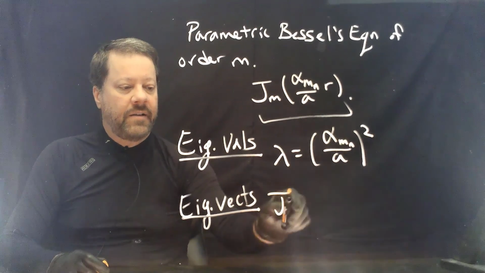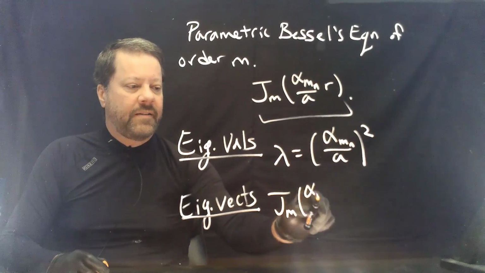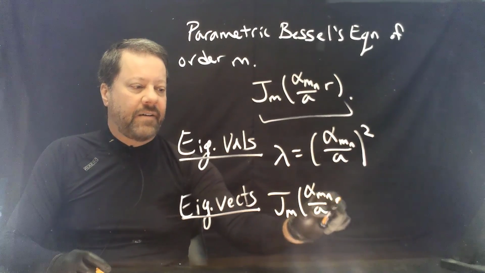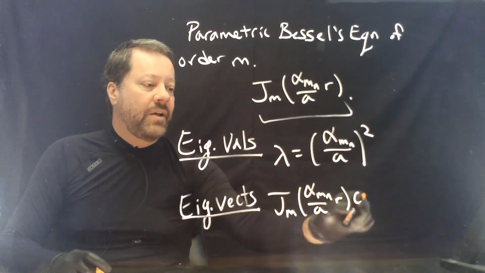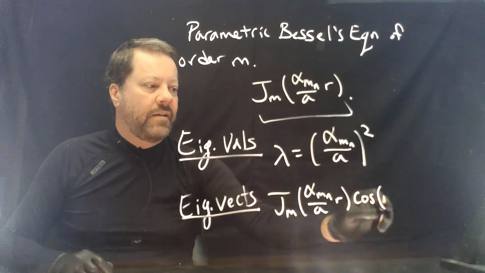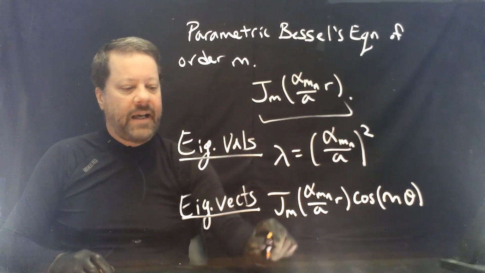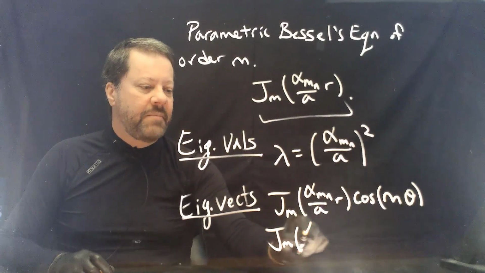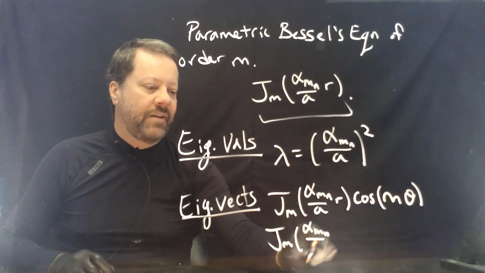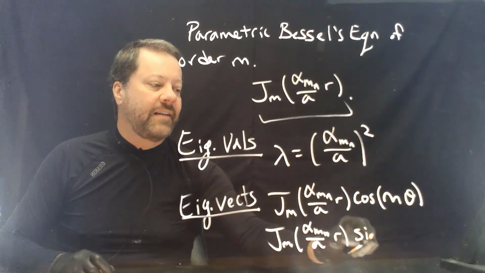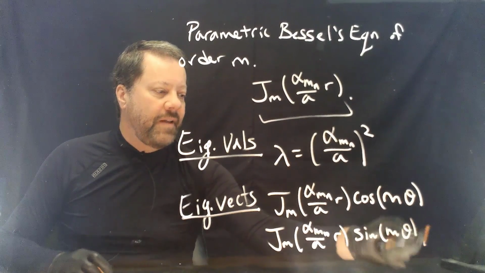Those are J_m of alpha_mn over a r times the cosine of m theta and J_m of alpha_mn over a r times the sine of m theta.